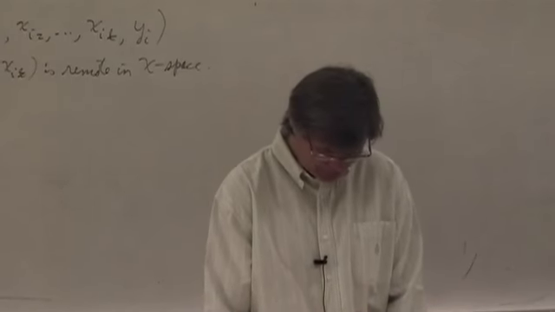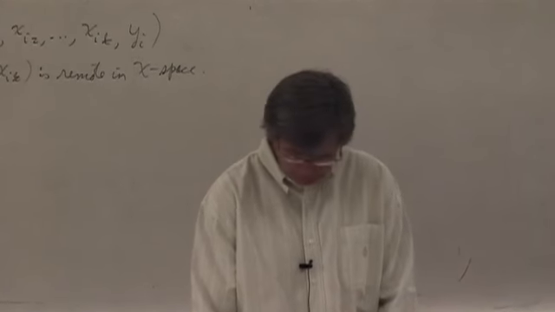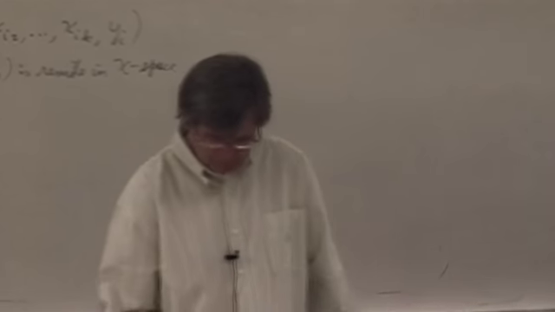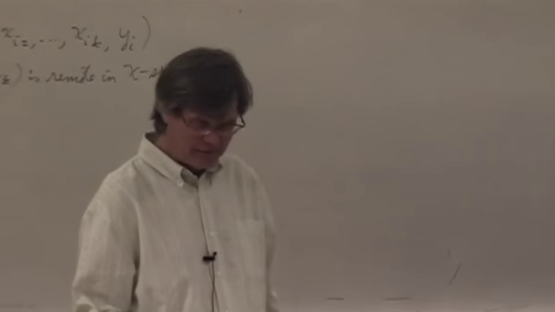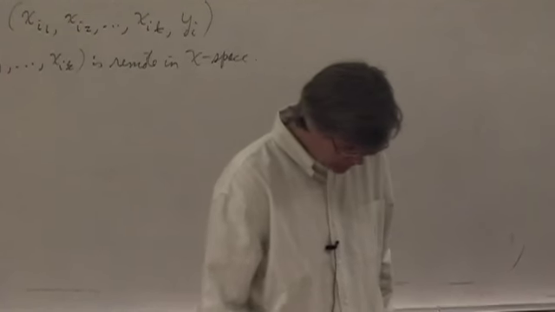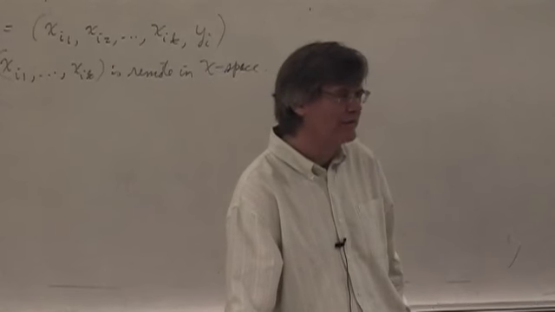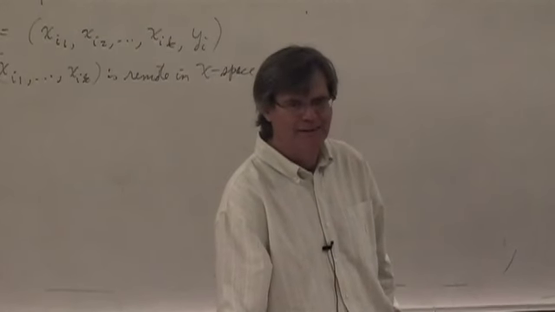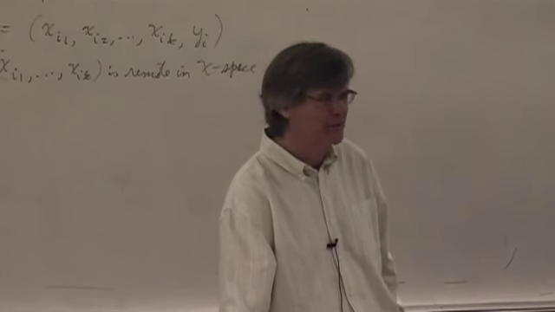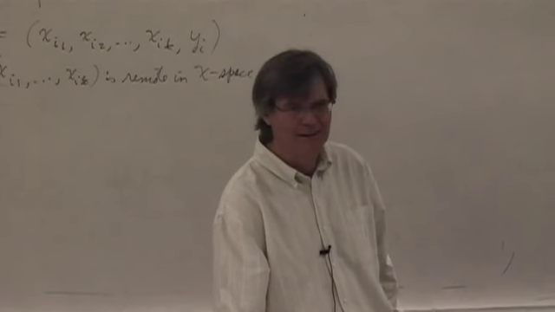And then he goes on and says, now on the other hand, an influence point is one that has leverage plus an unusual Y value. It's not a very clear definition. I mean, it's not mathematical, right? This is not a mathematical definition.